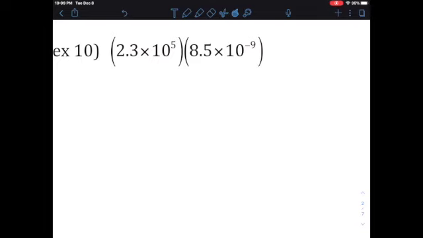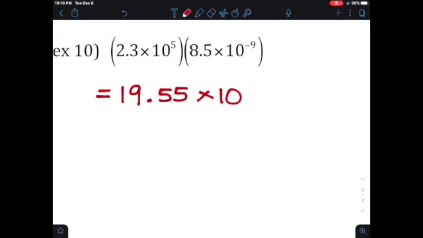First I'm going to take 2.3 times 8.5. That is going to give me 19.55. You should recognize right away that's 2 decimal places on the left-hand side, so that is not scientific notation form yet. We need to do something about it. So that's 10 to the negative 4th power, because that's a 5 plus a negative 9.